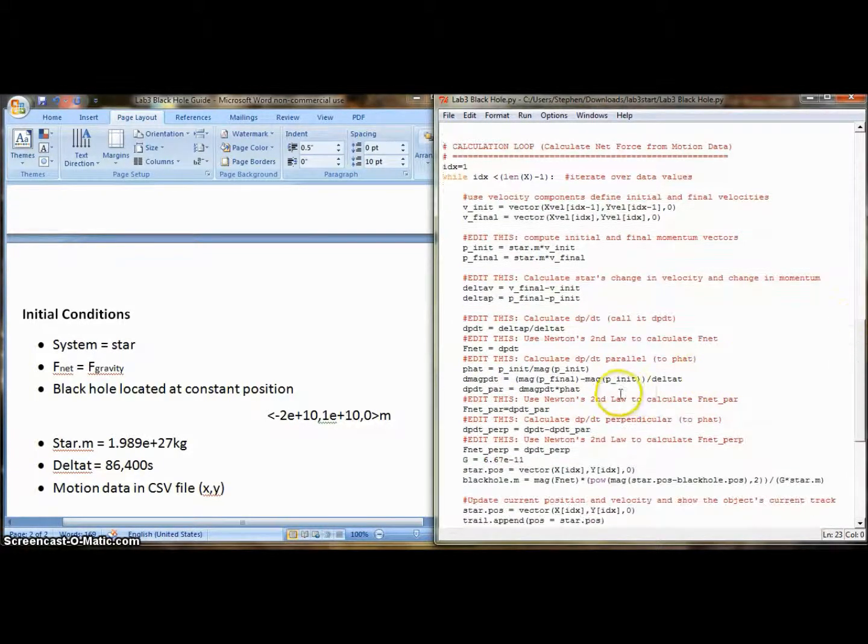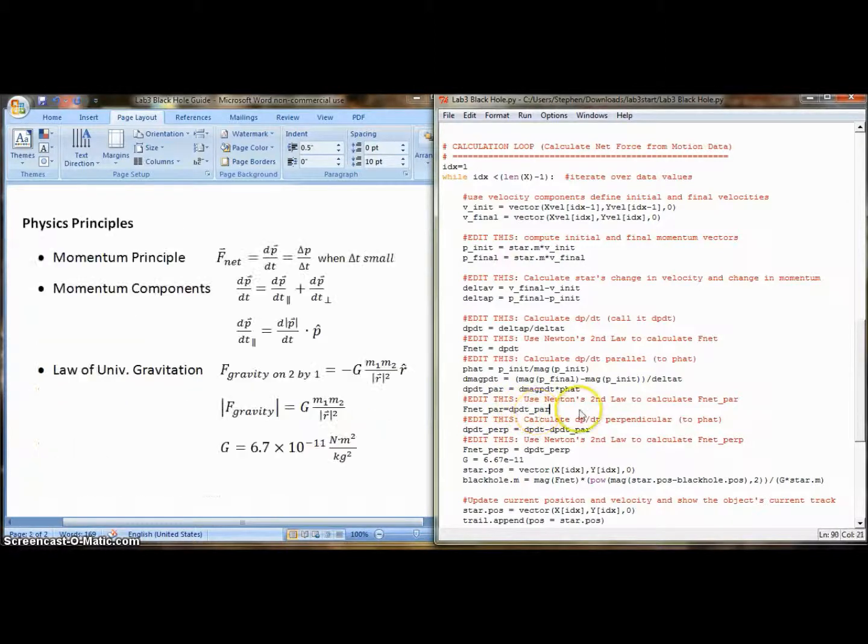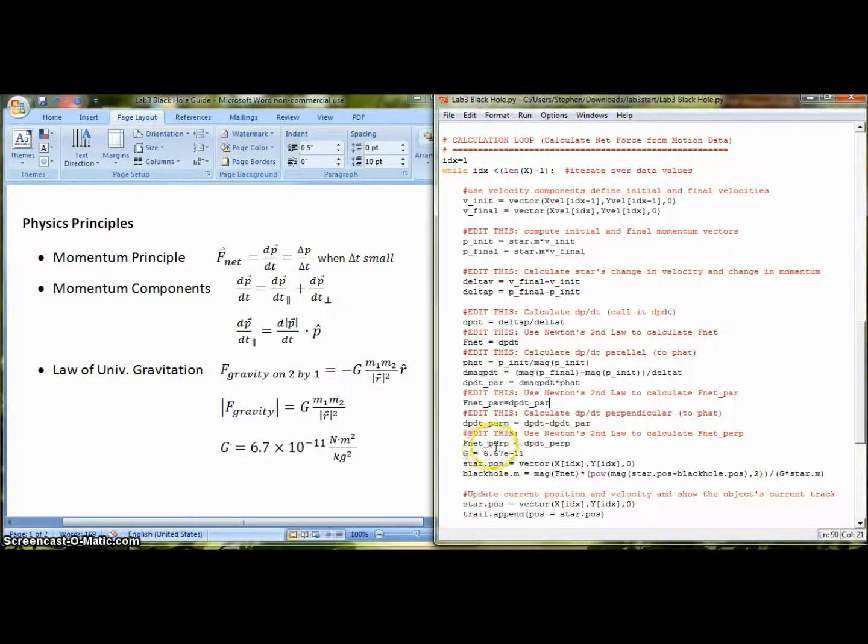Using Newton's second law again, we can say that F net parallel is equal to dp/dt parallel. To find the perpendicular component, we just subtract the parallel component from dp/dt, since we know that the parallel and the perpendicular components add up to dp/dt. Again, we use Newton's second law to calculate the perpendicular component of F net.